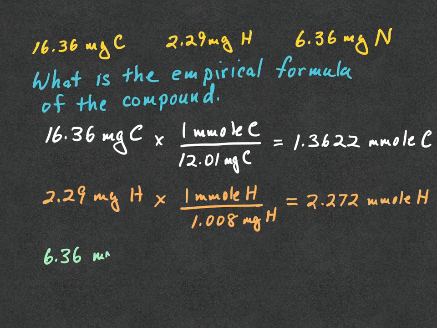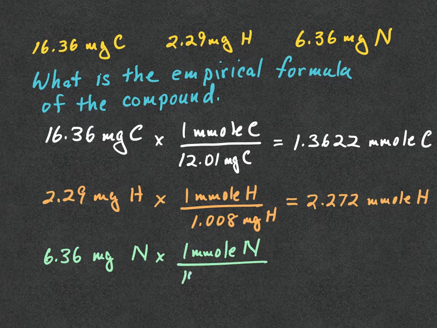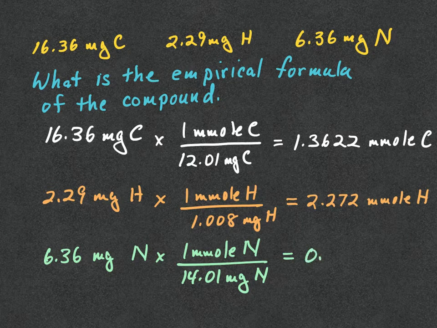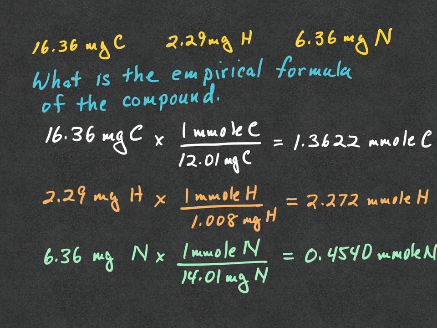And then we have 6.36 milligrams of nitrogen. We know that 1 millimole of nitrogen atoms is 14.01 milligrams of nitrogen, and that gives us 0.4540 millimoles of nitrogen.